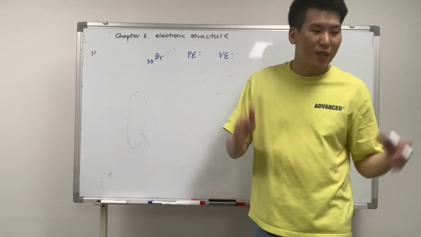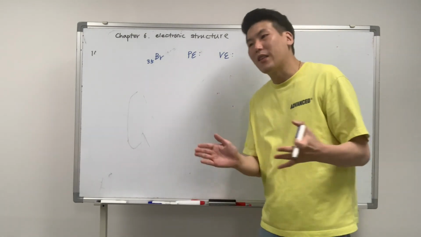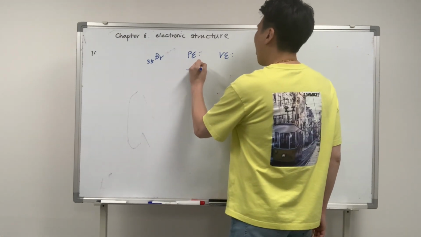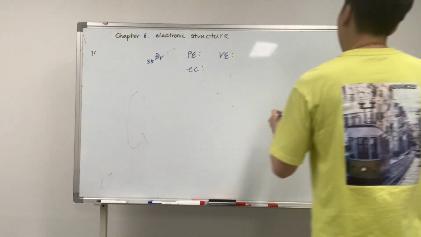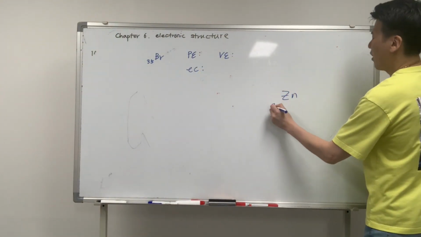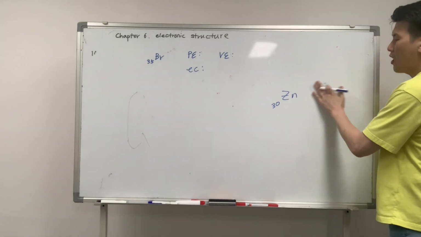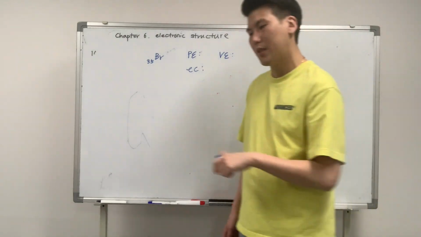Valence electrons, I said it's 7 for 17, right? But as practice, try these 2 questions by writing out the electron configuration. And one more, this Zn, 30, please, both. Same thing. Don't worry about PE for this one. I just want the electron configuration to explain something.